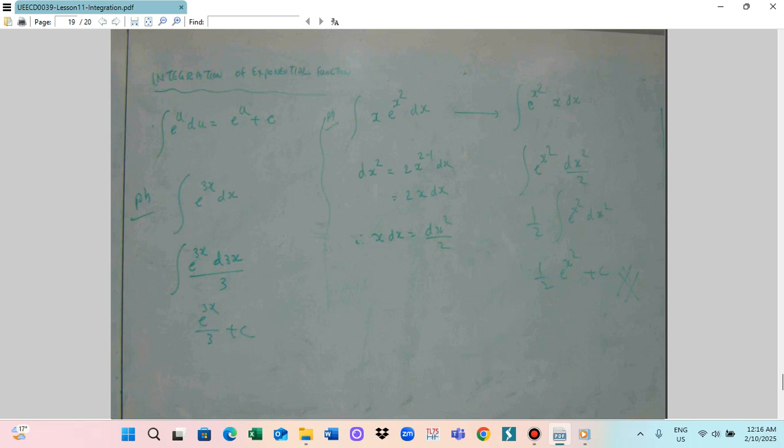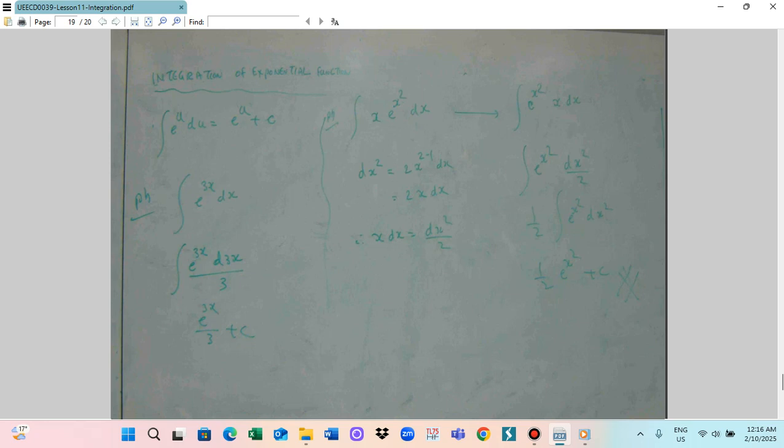The important thing is that here is e power A squared, and here is only the A. So we have to find dA squared. dA squared is equal to 2A power 2 minus 1 dA. So this is 2A dA. So 2A dA is equal to dA squared. Therefore you can get A dA is equal to dA squared divided by 2. Okay, A dA is equal to dA squared divided by 2.